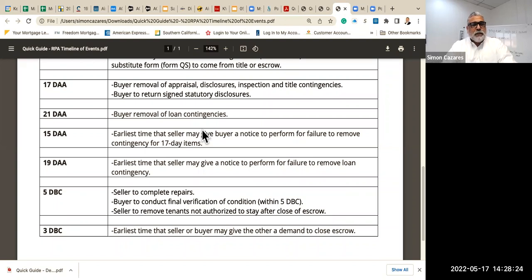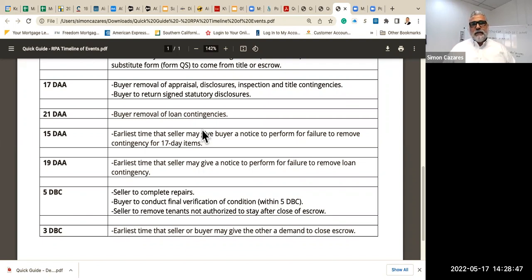And if the seller doesn't perform in 72 hours, guess what you can do? You, as the buyer, can cancel escrow, even though you released all contingencies exposing your buyer's deposit. Guess what? Buyer can cancel and buyer should be able to retain their full deposit back.